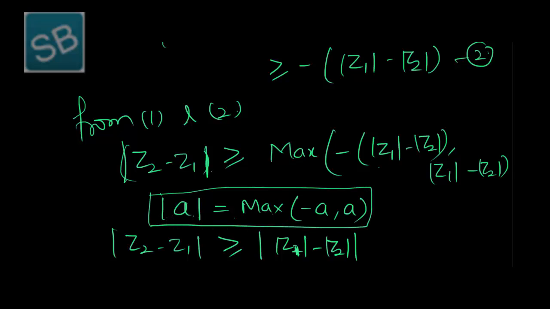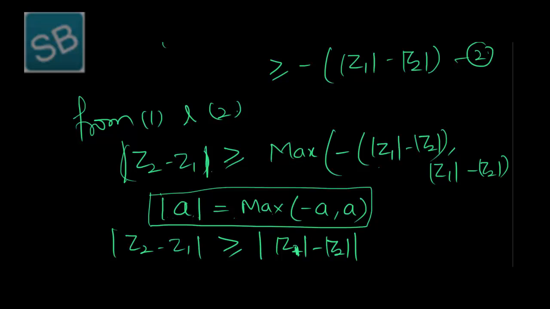So this was all about the modulus and its properties. So there is no confusion, that is |A| can be written as the maximum. We get |Z2 − Z1| greater than or equal to this quantity, and |Z2 − Z1| is greater than or equal to −A.